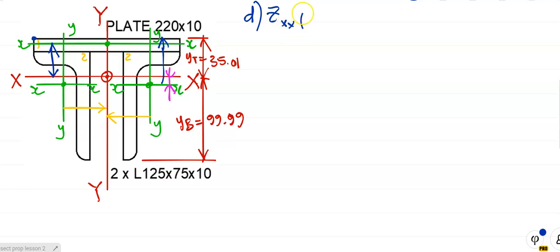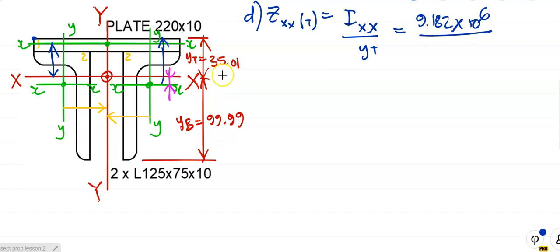ZXX with respect to the topmost fiber is equal to IXX over Y top, and IXX is equal to 9.182 times 10 to the power 6 over Y top, which is 35.01, and that is equal to, I get, 2.623 times 10 to the power 5.